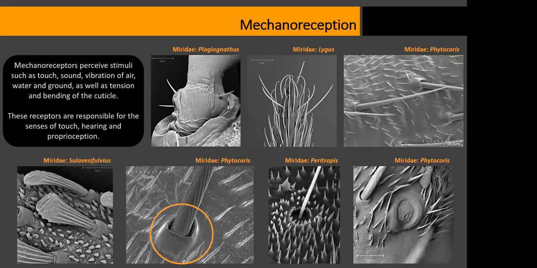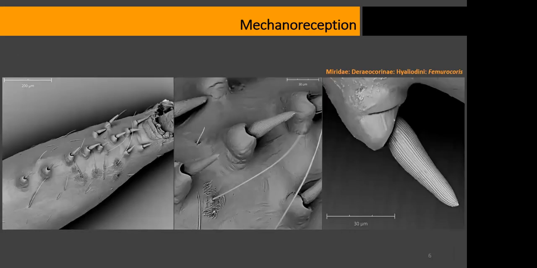Hair-like mechanoreceptors can be modified in various ways, e.g. flattened or shortened. And a quite spectacular example of mechanoreceptor modifications are spinous tubercles occurring on the inner surface of the metafemora in Femurocoris, a New Caledonian representative of Miridae.